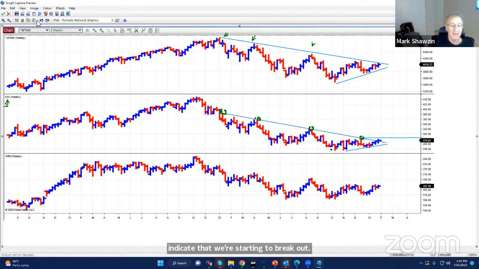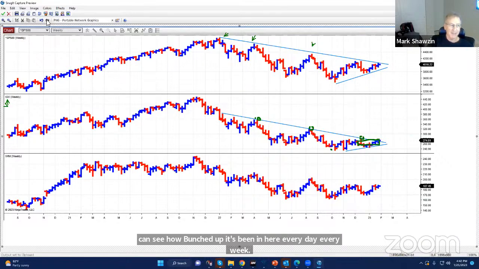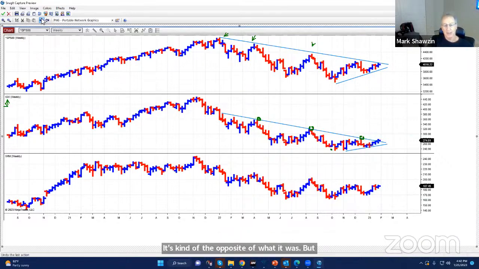So this is just a continuous game of chicken. You can see how bunched up it's been in here every day, every week. It's kind of the opposite of what it was, but it's incrementally starting to grab a foothold in here. Stocks like Qualcomm and Workday and other stocks are starting to look pretty good.